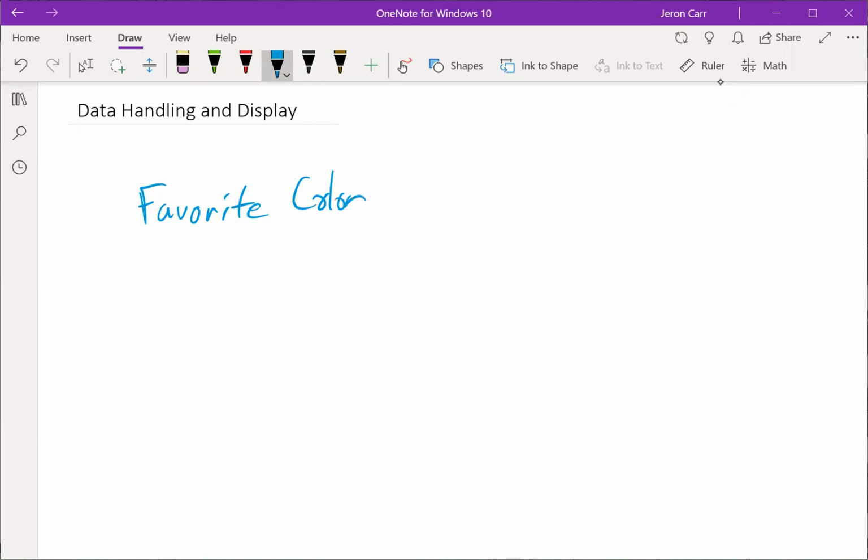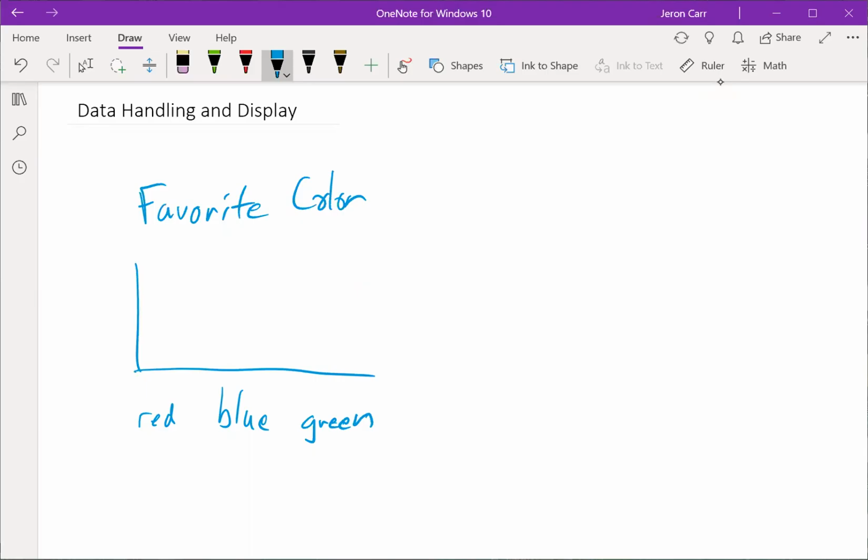So I go out, I ask a bunch of people this question, and I end up with the result that a certain number of people chose red, a certain number of people chose blue, and a certain number of people chose green. I only offered 3 choices, okay?